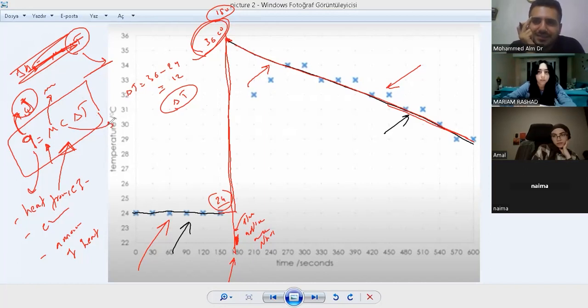Specific heat capacity. Amazing. What's the meaning of specific heat capacity? How much the temperature of a material increases by each Celsius per gram. In physics, it's a gram.